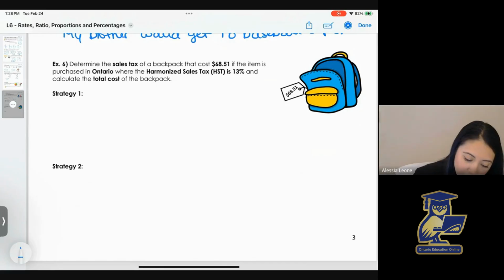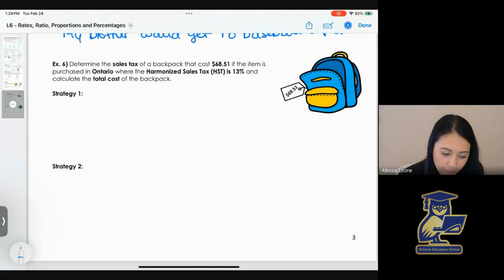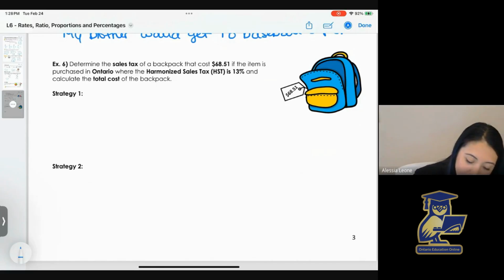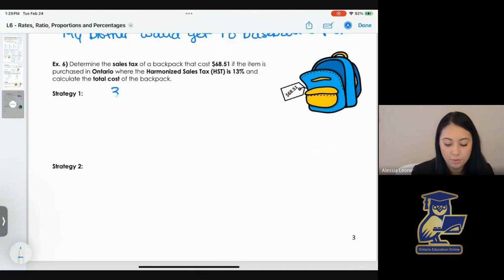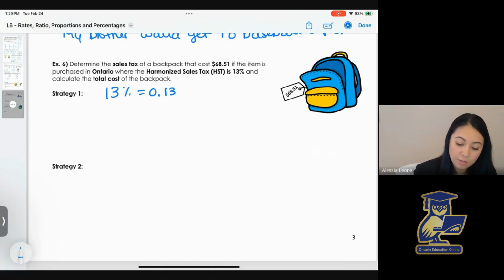First, we want to convert, and we want to find the tax amount. So the first thing we're going to do is take that tax percentage and make it into a decimal. So we know 13% in a decimal is 0.13. Then we want to multiply it by our backpack cost because we're going to add the tax onto the backpack cost.